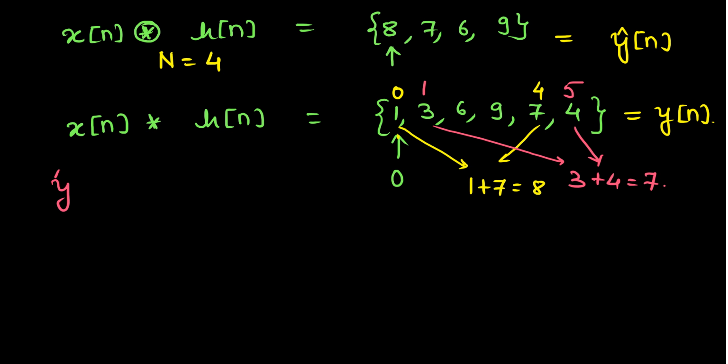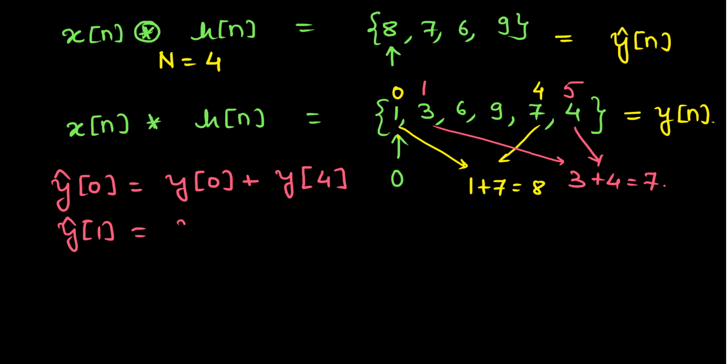Now the thing that we can observe is this y hat of 0. This y hat of 0 is basically equal to y of 0 plus y of 4. Similarly, this y hat of 1 is equal to y of 1 plus y of 5.